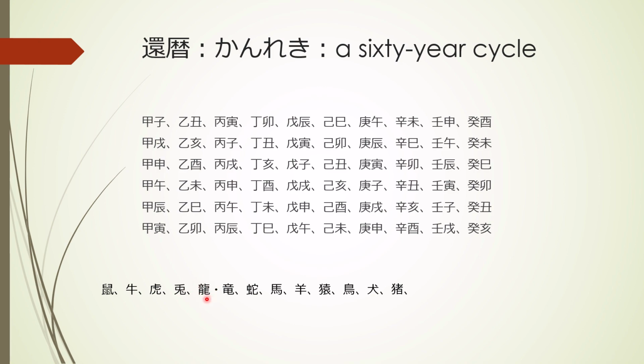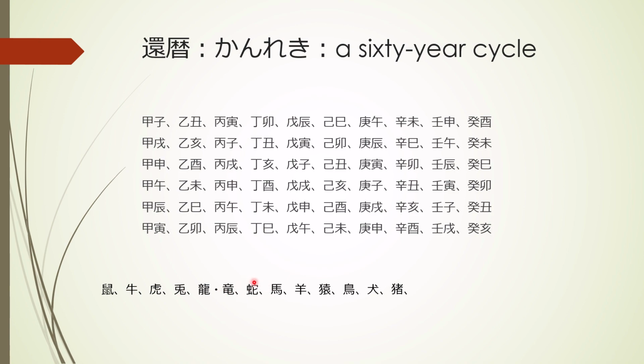Ku meaning old, and ji meaning character, of course, and the more modern representation of dragon. So again, tatsu, these characters, again, very different to what we have in the Junishi.